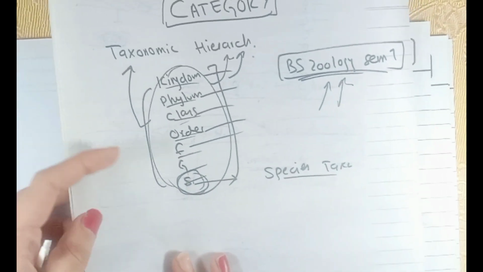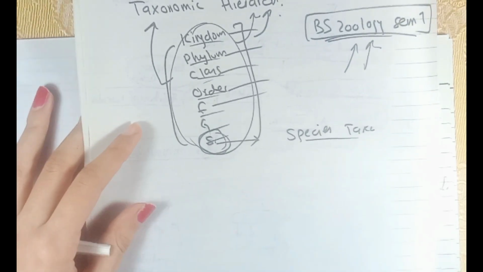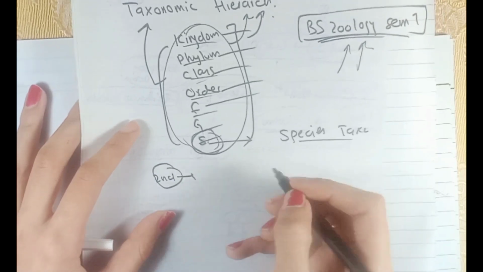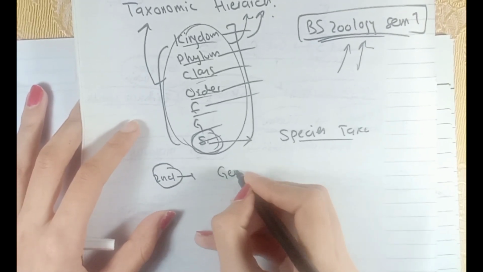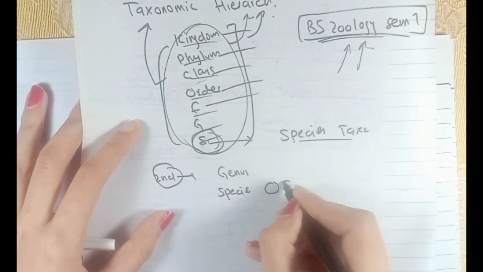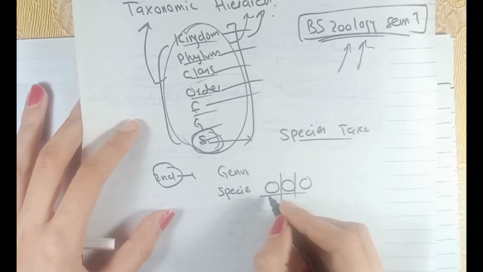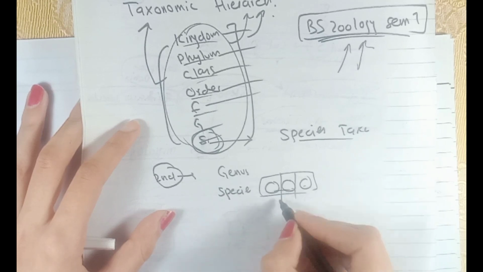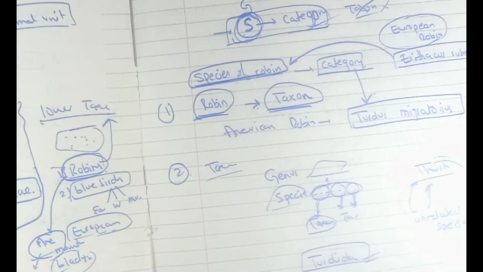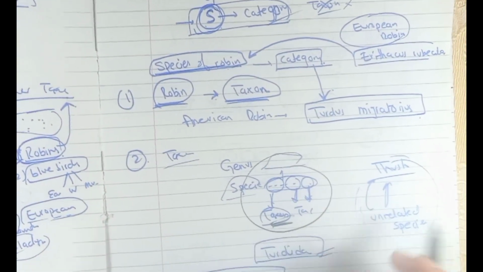So do you remember in the last lecture when I talked about the taxon? In the second aspect of taxon, I told you that genus is made up of species. Inside the species, when the species get distinguished or differentiated from each other, then they are given a different name, and they are known as the taxon. Okay, when we talked about this concept in the previous lecture.